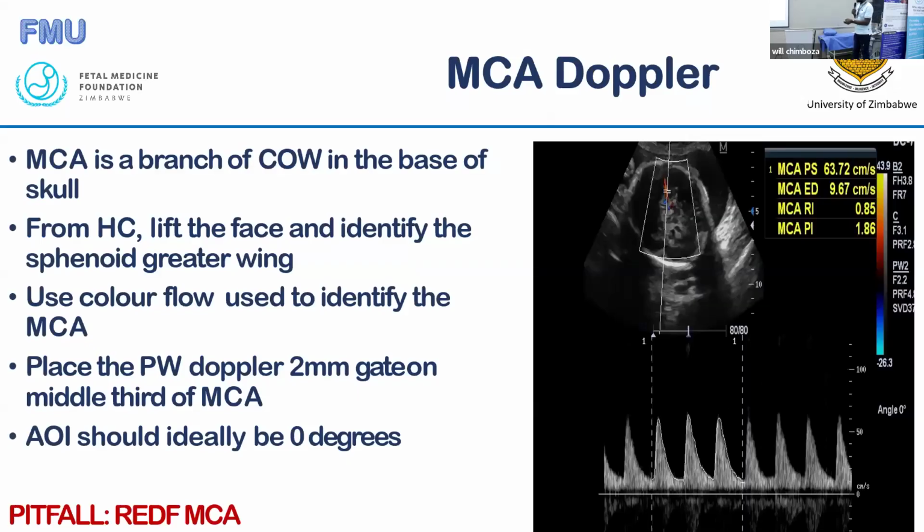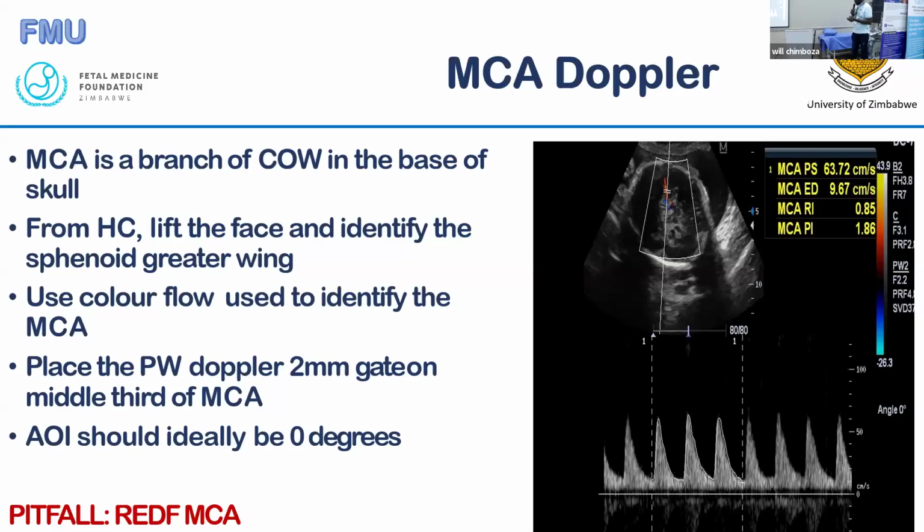All right. I move on to this one, which is not really commonly done, but it's a very important Doppler, the middle cerebral artery Doppler. So the MCA is a branch of the circle of Willis at the base of the skull. How do I identify it? From the plane of the head circumference, usually you have to tilt the face upwards so that you make the greater wing of the sphenoid bone parallel to the beam.